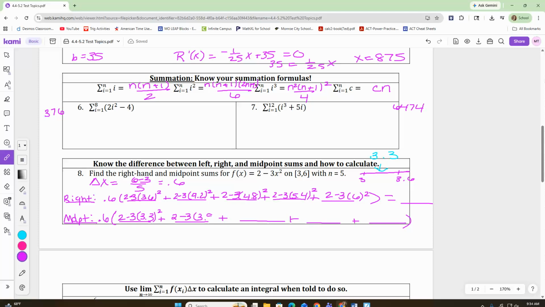So the next one would be 3.9, 4.5, 5.1, and 5.7. Are you guys okay with that?